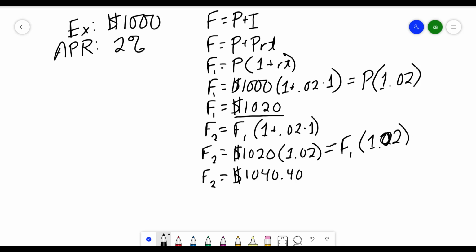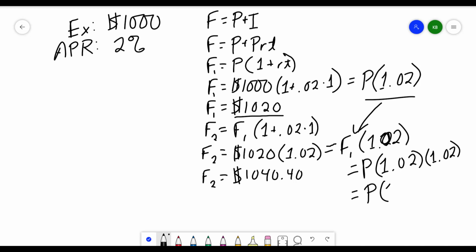And if I plugged in my future value 1 into this here, I would actually have the principal times 1.02 times 1.02. So this is actually the principal times 1.02 squared.